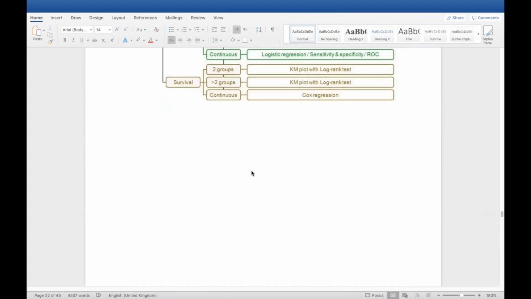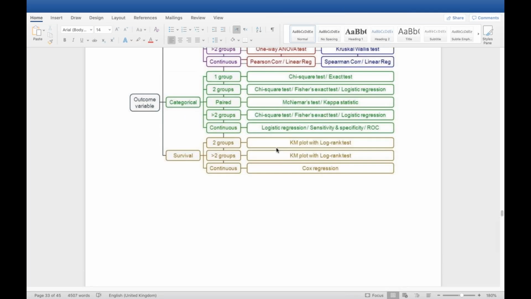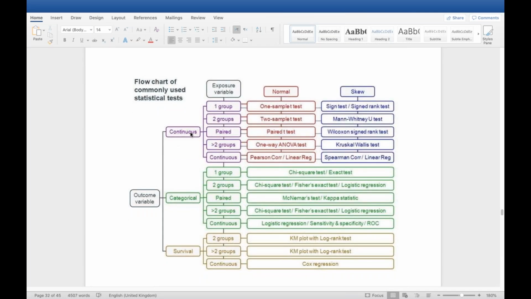Okay. So again, to assess whether hemoglobin A1C level is related to birth weight. So this is number and this is number. So comparing two numbers. Go here, up, number and number. So it will be correlation.